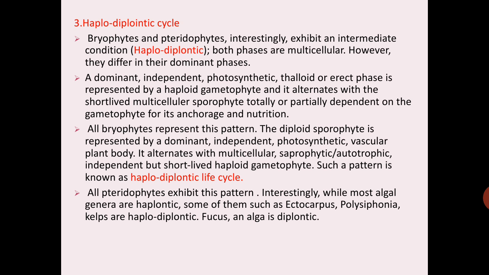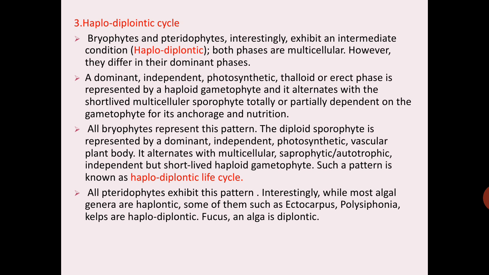A dominant independent photosynthetic thalloid or erect phase is represented by a haploid gametophyte, and it alternates with the short-lived multicellular sporophyte, totally or partially dependent on the gametophyte for its anchorage and nutrition. All bryophytes represent this pattern.